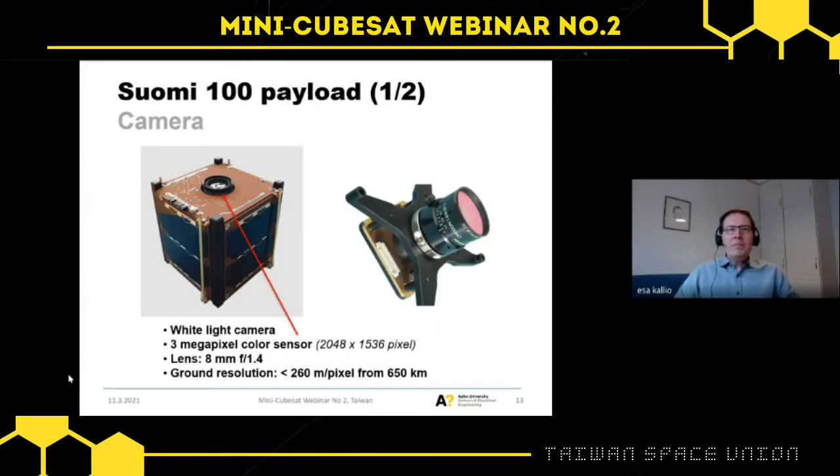It's a 3 megapixel camera. Of course, because it's a wide angle, the ground resolution is not very good. But our goal was really to take photos of auroras. So this was the reason why we chose this kind of commercial camera product.